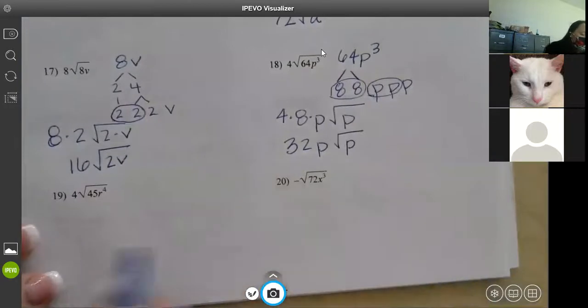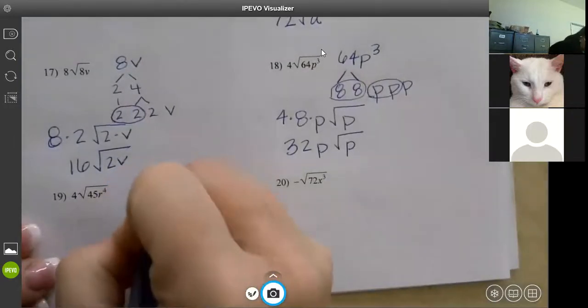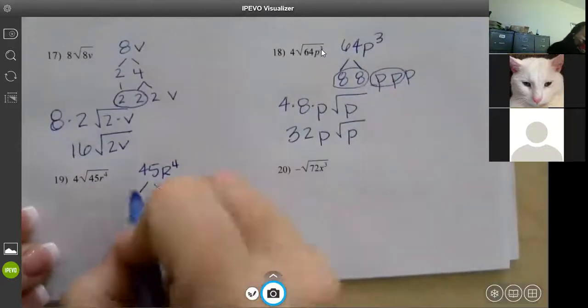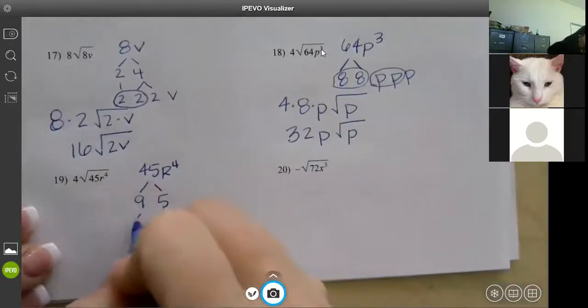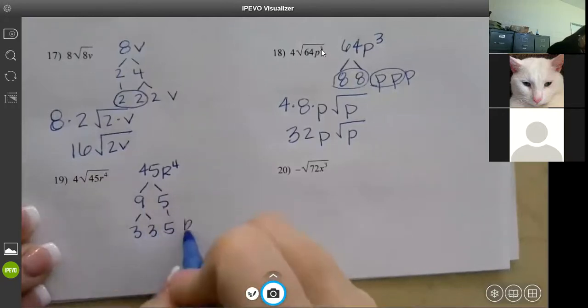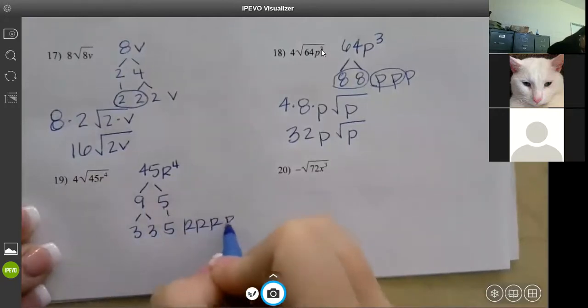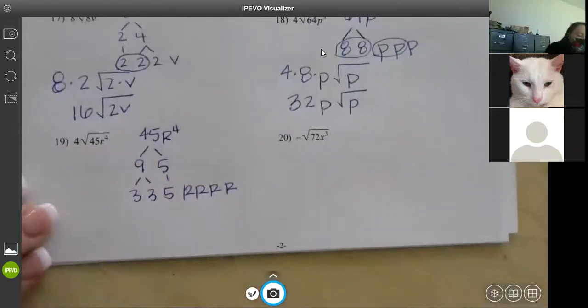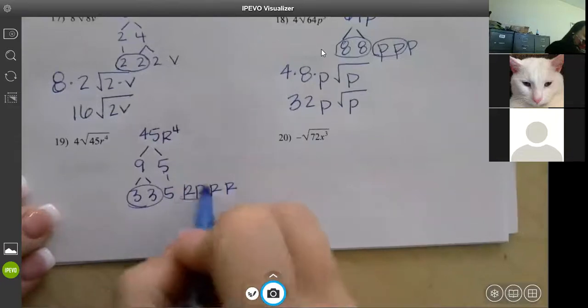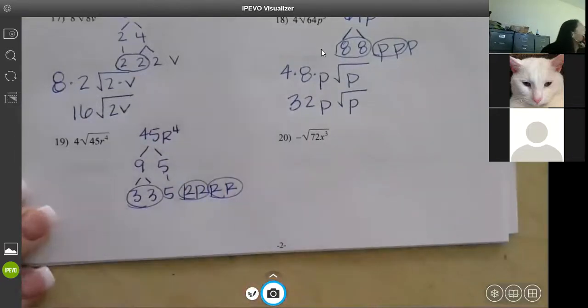All right. Break down 45R to the 4th. What are your factors of 45? 9 and 5. 9 is 3 times 3. Bring down your 5 and 4 R's. What do I have pairs of? 3. What else? And 2 R's, right?